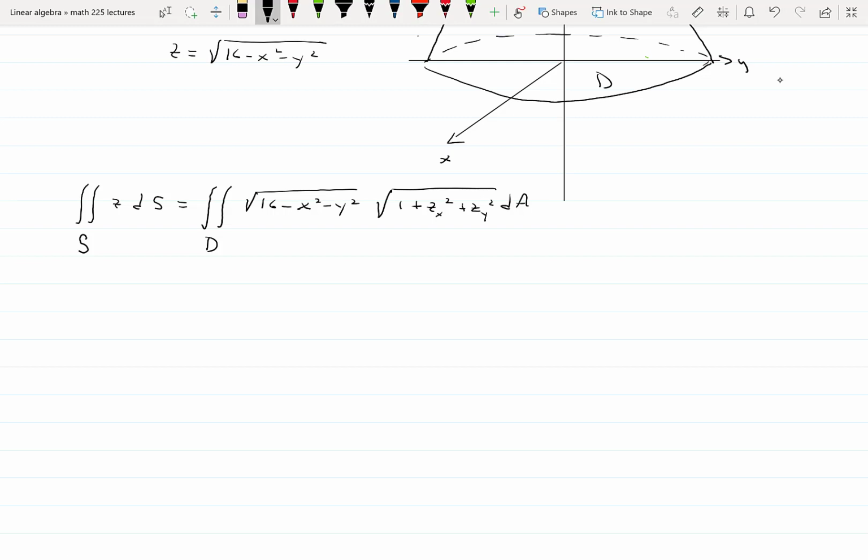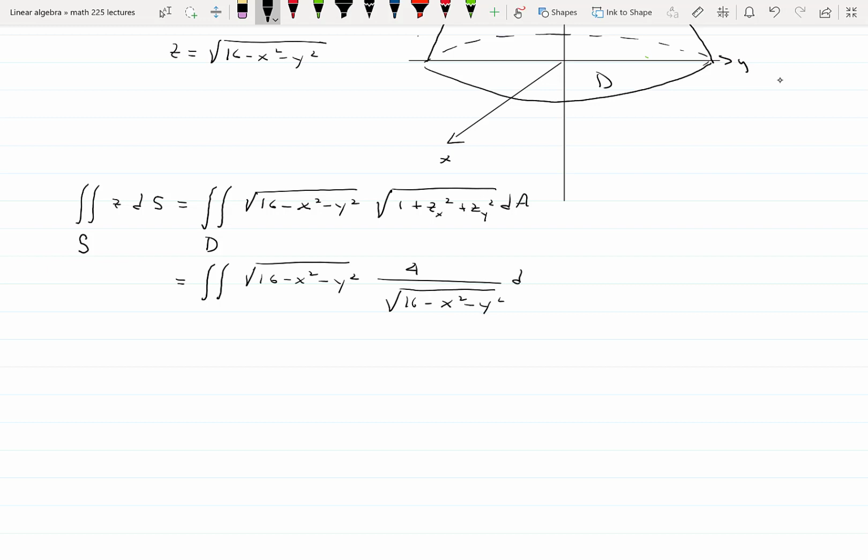But we already have ds. We figured out ds. Remember that I even highlighted in red for us. ds is 4 over the square root of 16 minus x squared minus y squared.